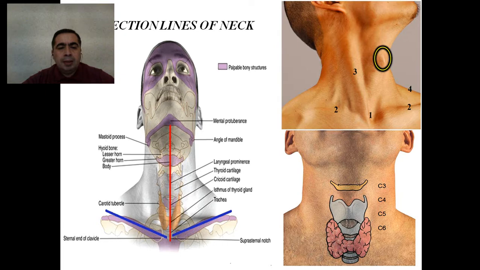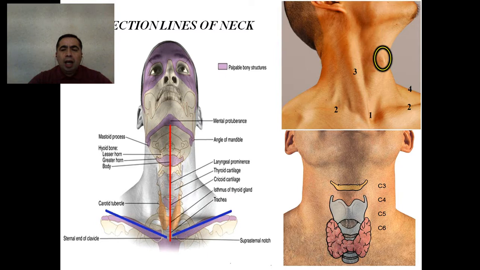Dissection lines. The first line passes through the mental protuberance vertically to the midpoint of the jugular notch of the sternum. By this line, we can separate the neck into two equal halves.